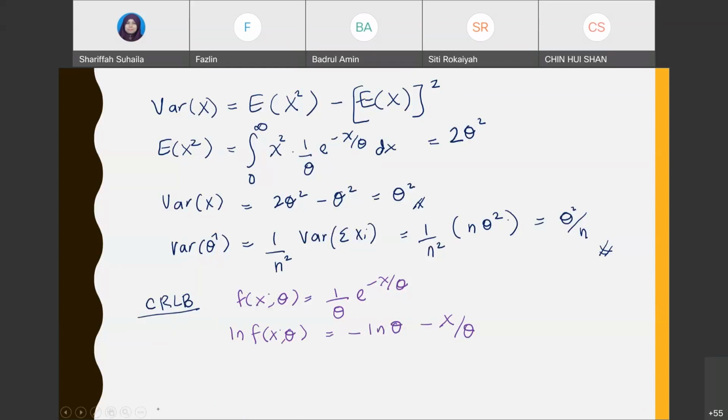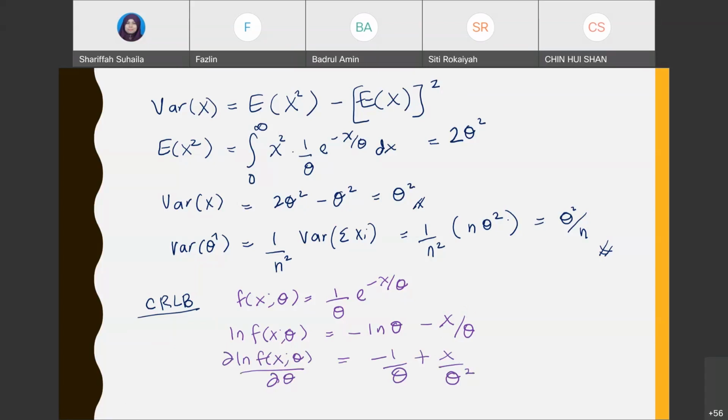So now kita differentiate ln f(x; theta) with respect to theta. You get negative 1 over theta, and differentiate minus x over theta: theta bawa ke atas, theta to the power minus 1, so you get x over theta square.